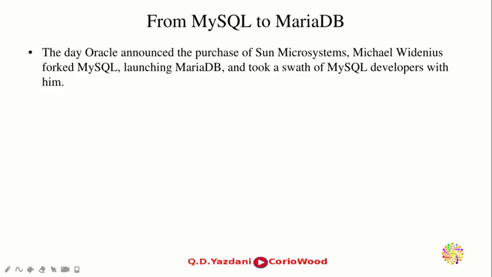He believed that Oracle was going to make it closed source and charge everyone money for software that he created as free and open source. So that's what he feared. He couldn't trust Oracle, and he quickly forked MySQL, launching MariaDB, and he announced that MariaDB is going to be free and open source forever.